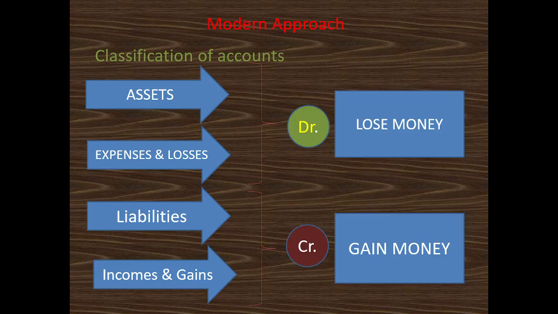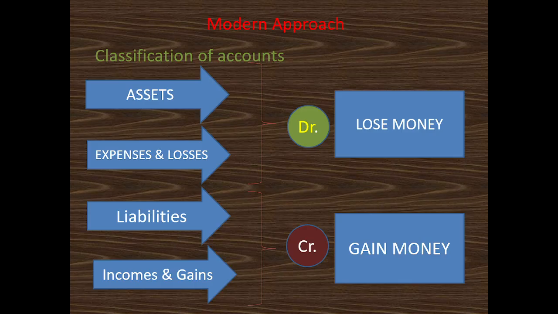But for an expense, the benefit is for less than 1 year or the benefit is already exhausted. Examples: electricity bill, salary paid, water bill, etc. Simply we can say, for an asset, first pay and then use, and for expenses, first use and then pay.